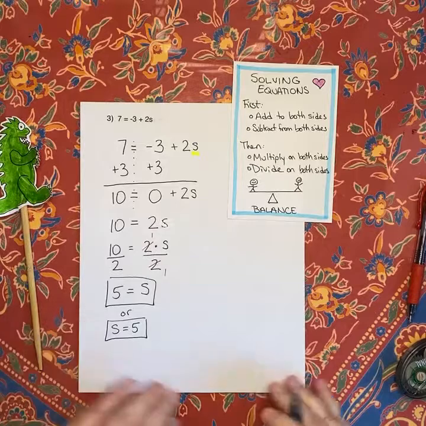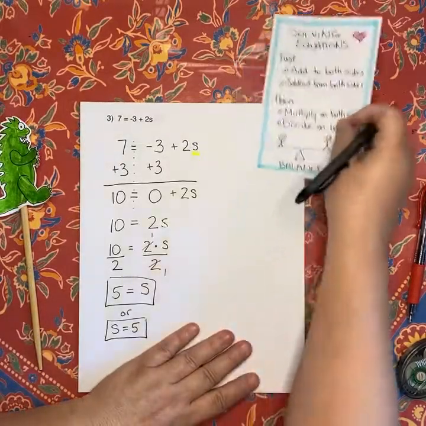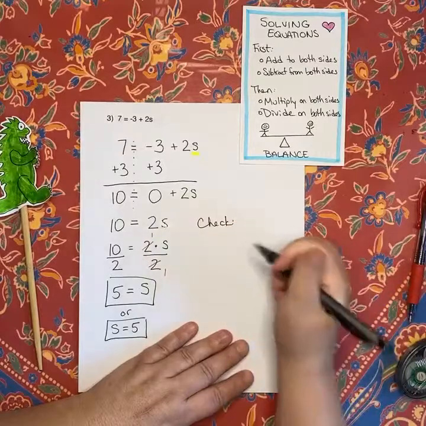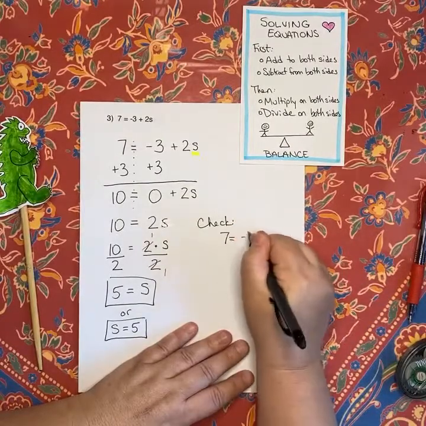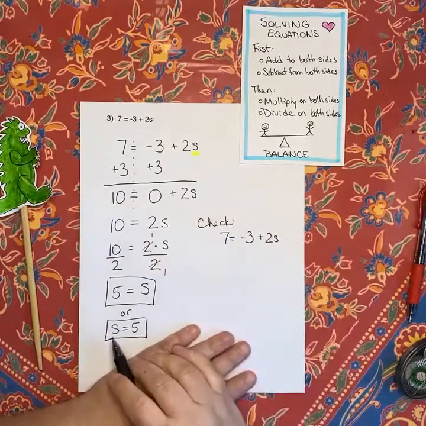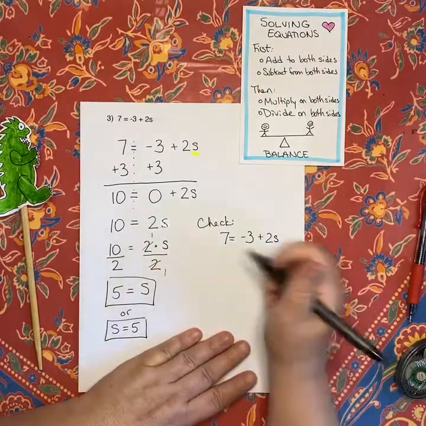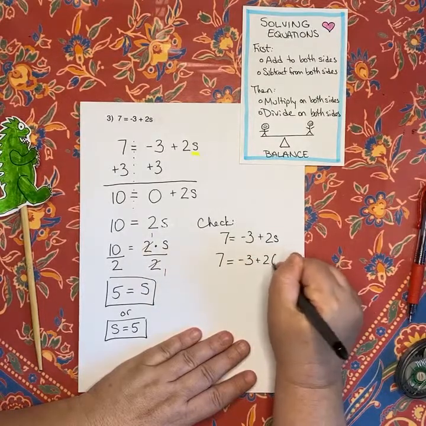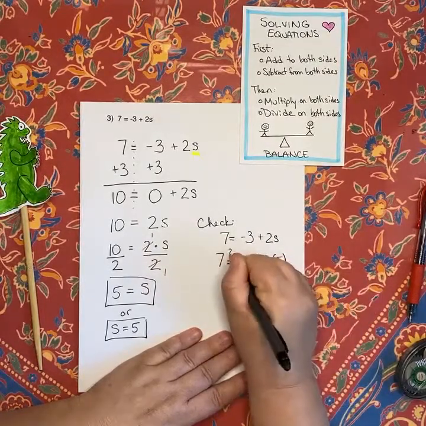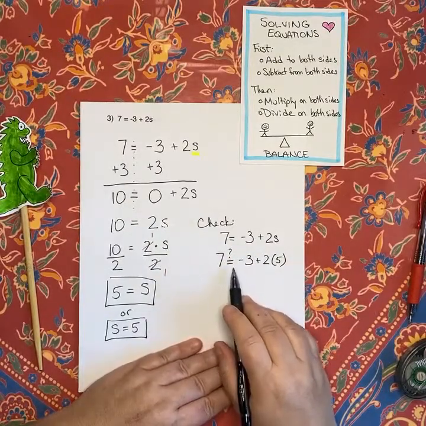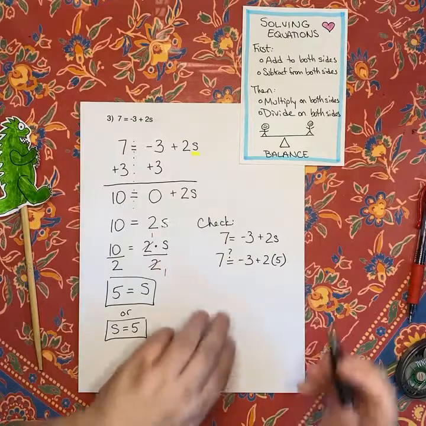Now, you can leave it like that, or you can write s equals 5 left to right style. Let's just check, for the heck of it. Checking means I take the equation, 7 equals -3 plus 2s, and I plug in what I think the answer is. I'm going to put a question mark over the equal sign so that I know I'm asking, is this true?